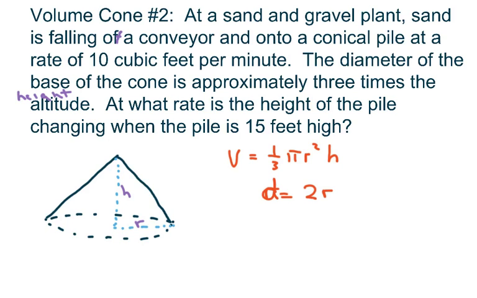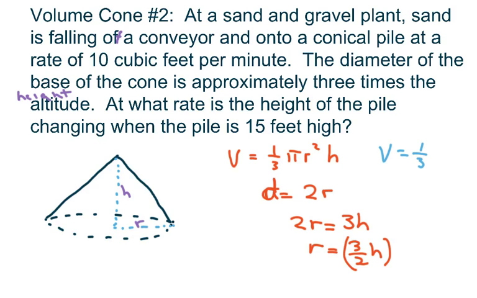So we know that 2r equals 3 times the height, or the altitude, which is the same thing. So r equals 3/2 times h.